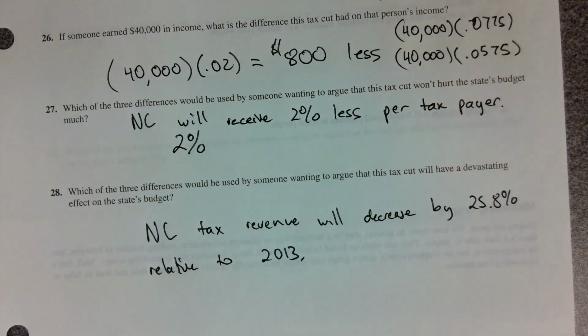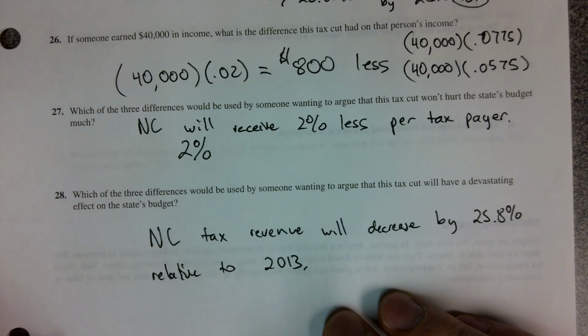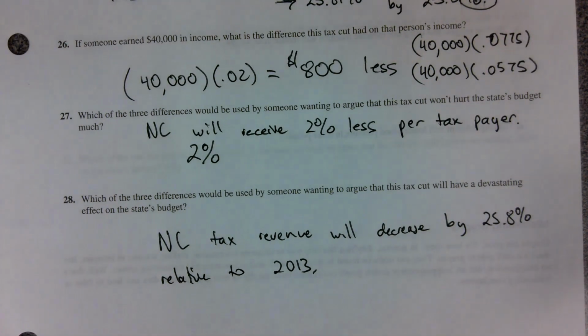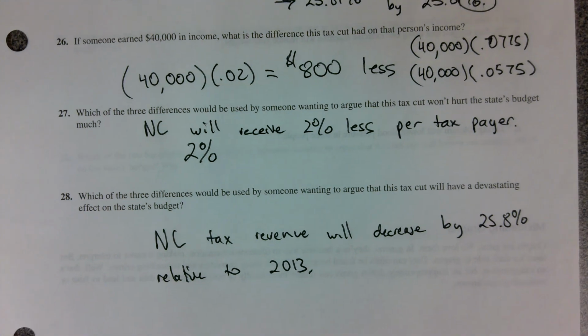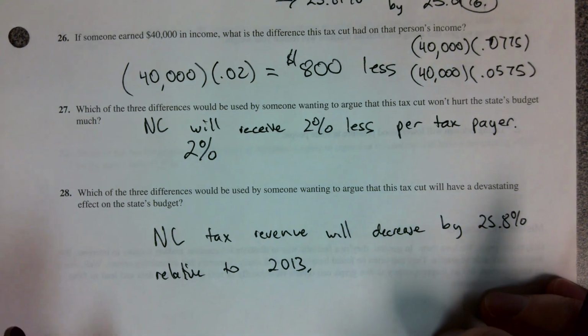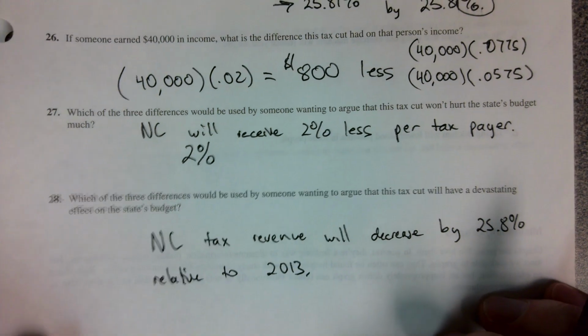So they're receiving 25.8% less in 2015 than they did in 2013. And they're all correct mathematically, but each one is looking at a different type of number, a different calculation.